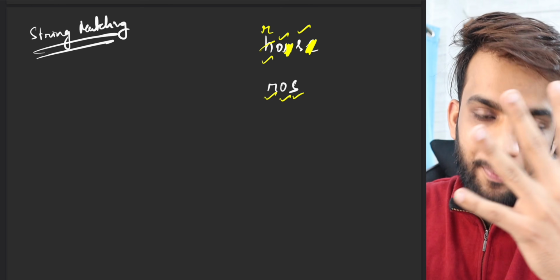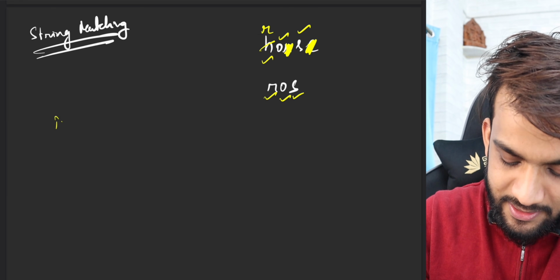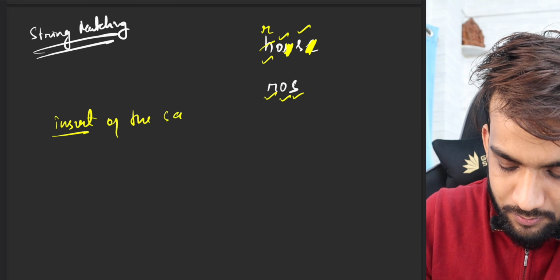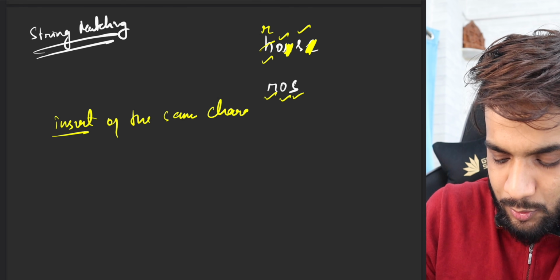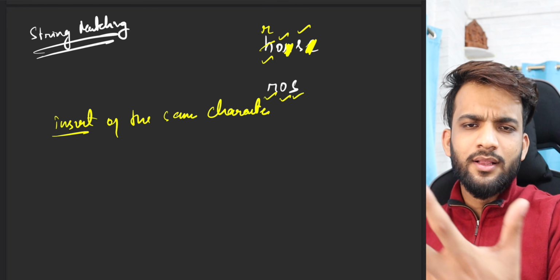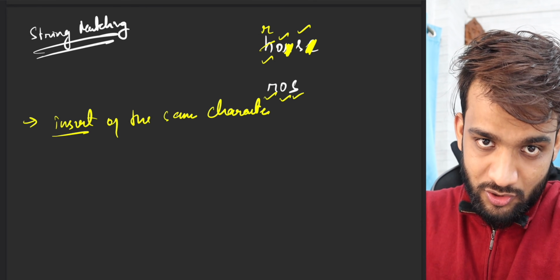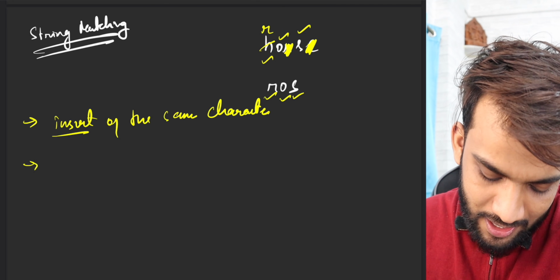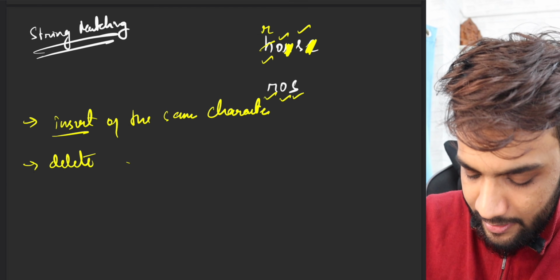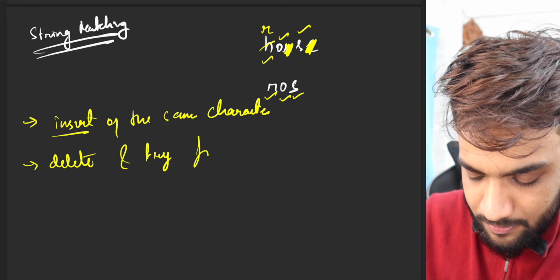The operation that you can do is you can say I will do an insert of the same character. That's what I can think of. I'll try to do an insert of the same character. How? I'll tell that afterwards. If they're not matching, or I can say that, okay, I'll delete and try to match it on the back. Delete and try finding somewhere else.